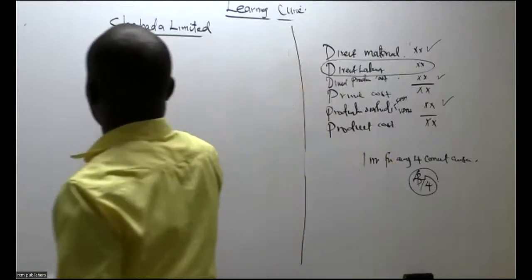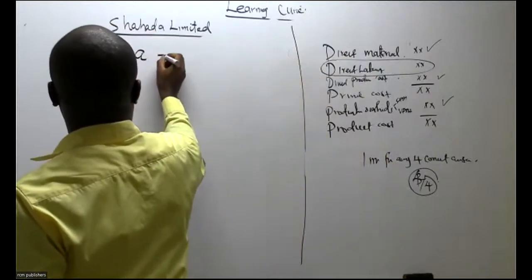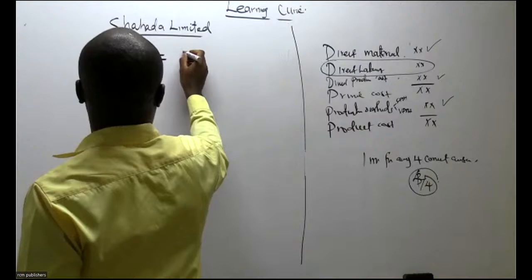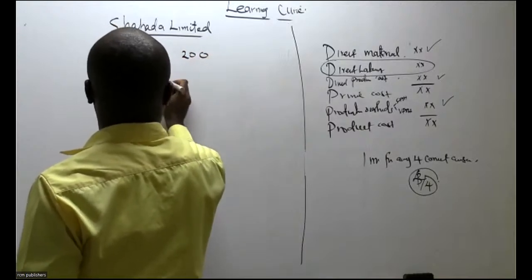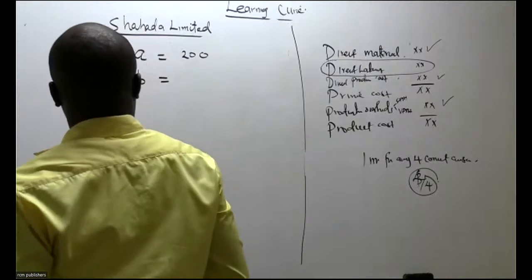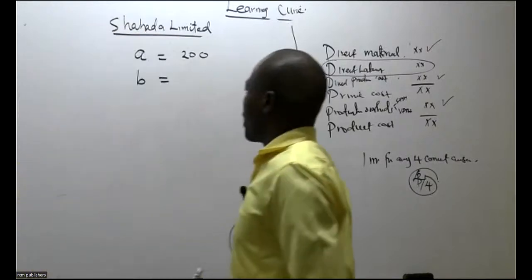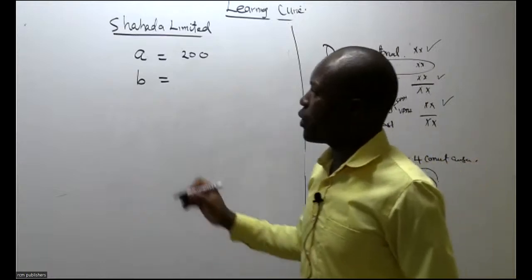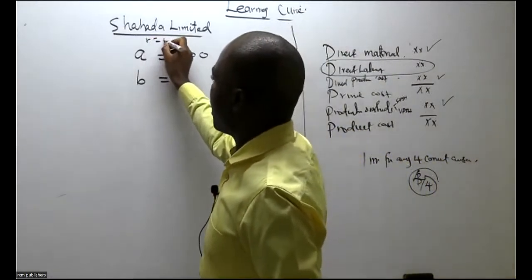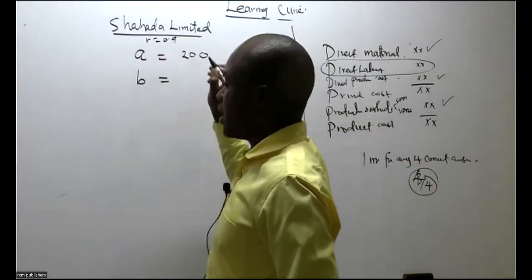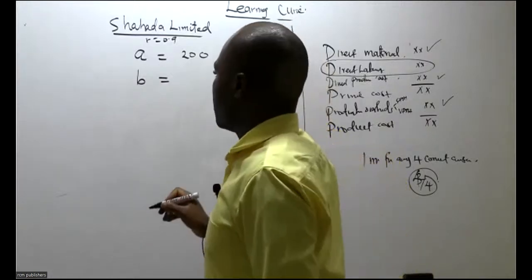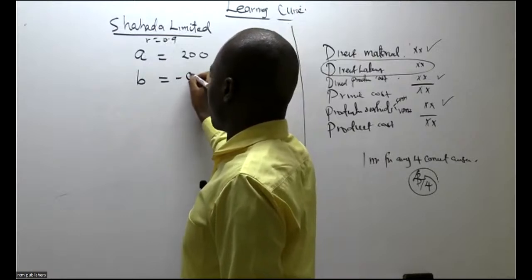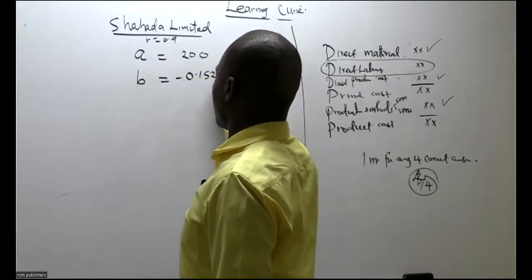Now, we've already known that A is equal to 200. B, we've been able to get the value of B, which is equal to log R divided by log 2, with R as 0.9. That is giving us negative 0.1520.